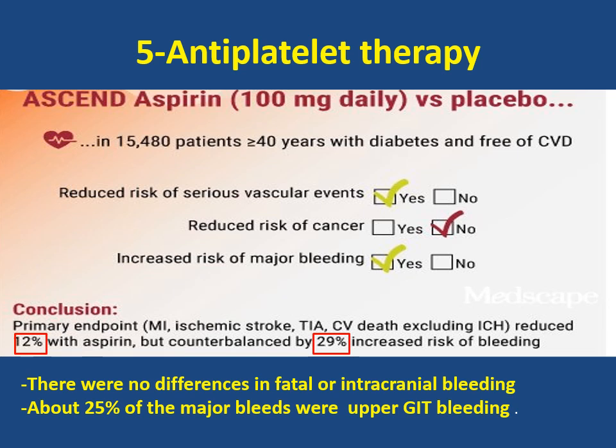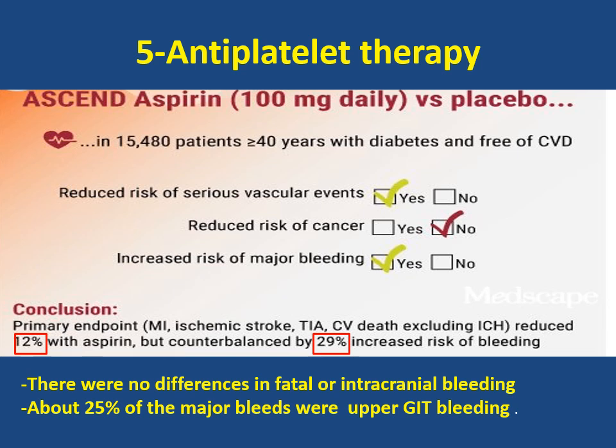According to the ASCEND trial, which recruited more than 15,000 patients who were 40 years or more with diabetes and free of cardiovascular disease, and which was looking for the role of aspirin in primary prevention.